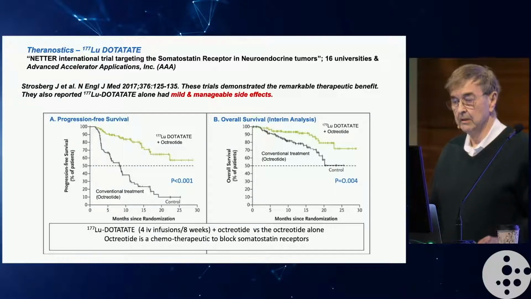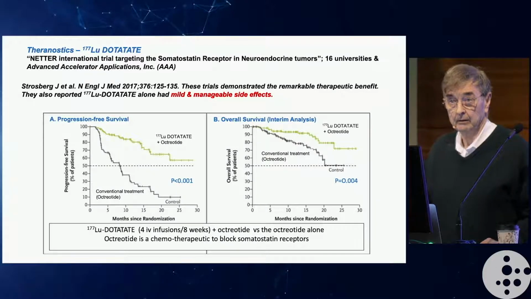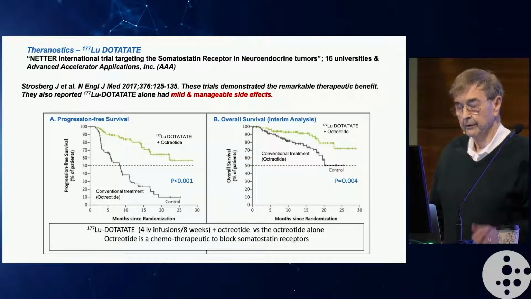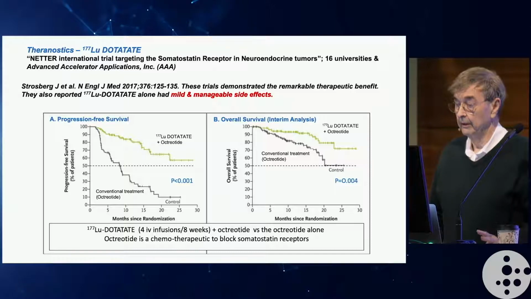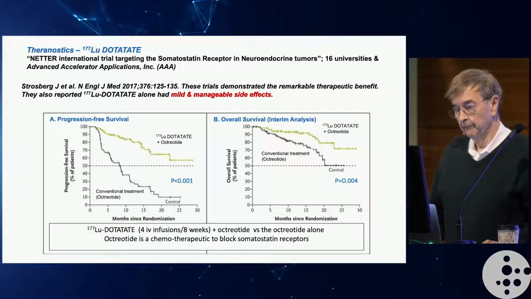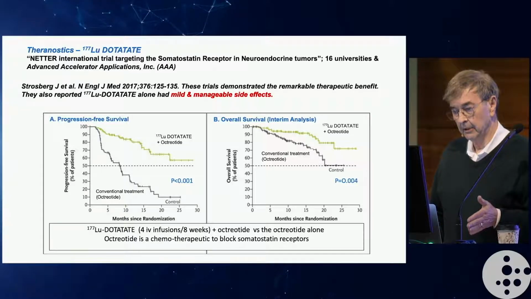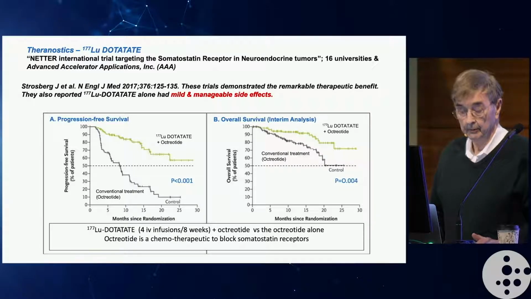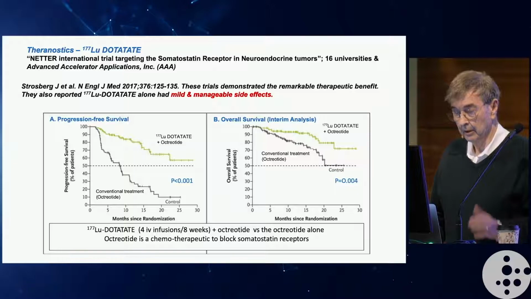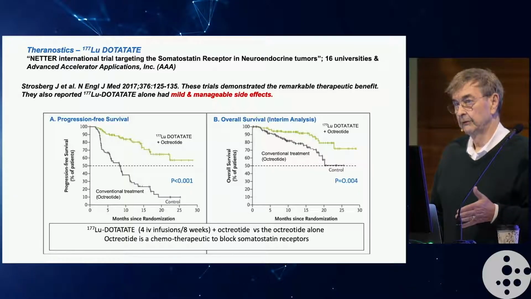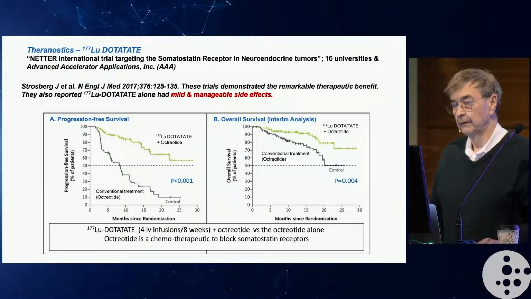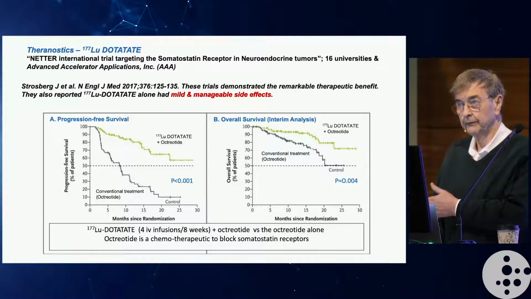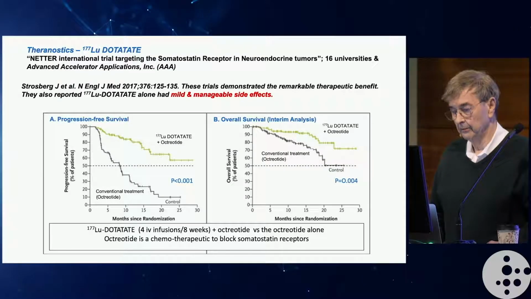Now, this is a trial that was carried out on Theranostics called the NETTER trial and published in the New England Journal of Medicine to evaluate treatment with or without a second agent, octreotide. The protocol is done in a way that the patient receives the lutetium dotatate first, and then later is followed up with the chemotherapy.